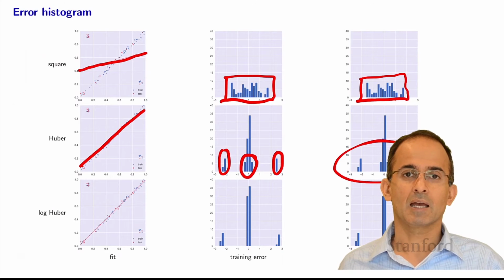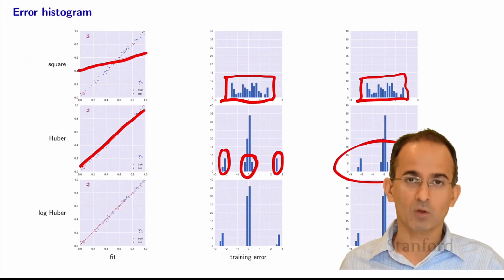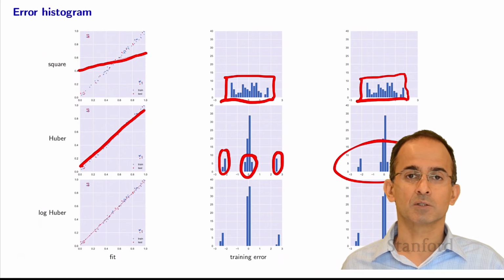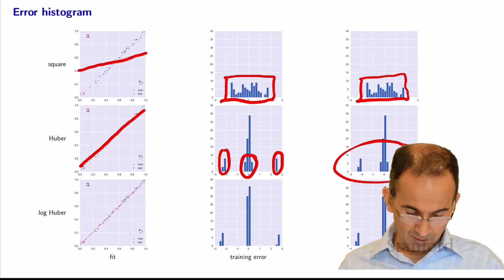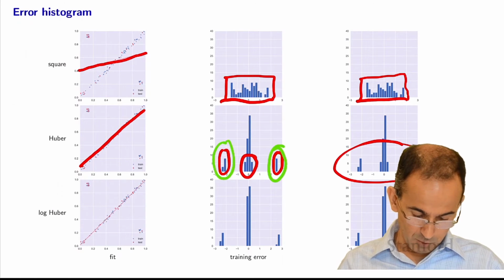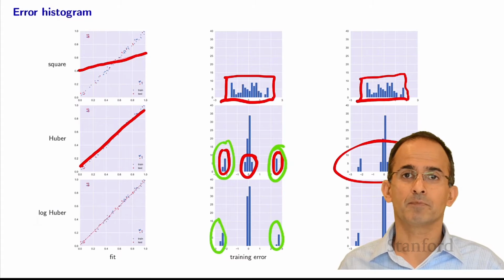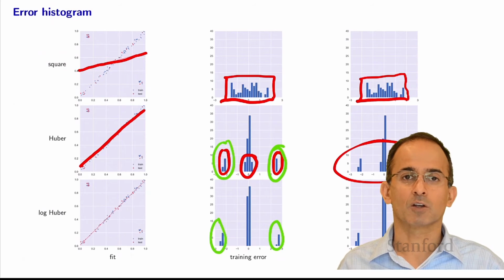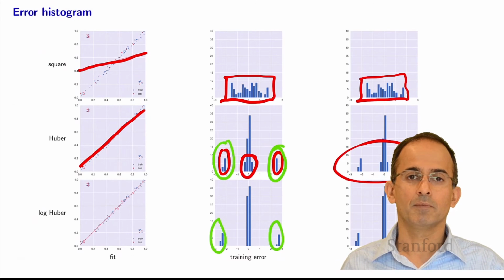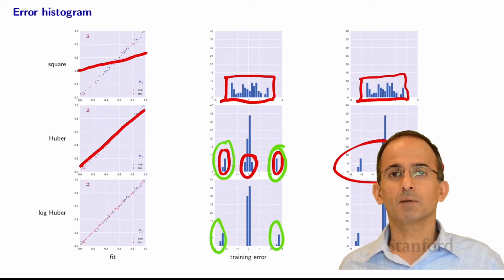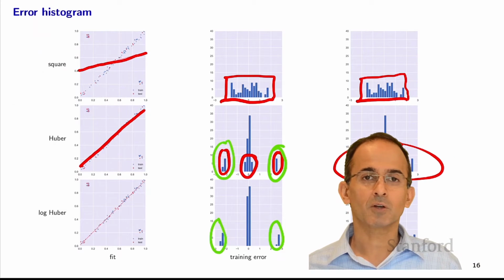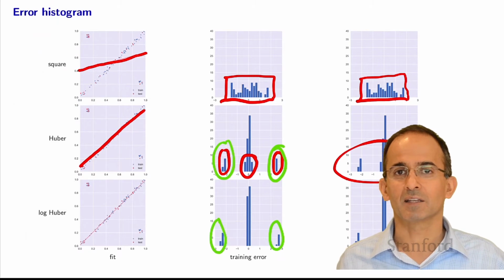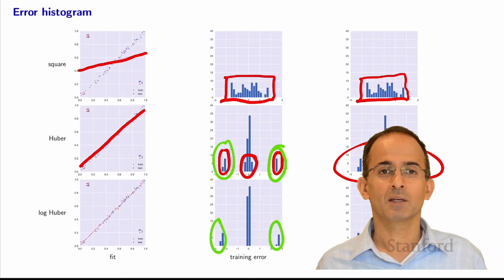So one could, from either the Huber or the log Huber, immediately identify the outliers. And we could simply say, these data points here, we're going to remove from our data set, and then we're going to fit again. And of course, when we fit again, having removed those data points, we could use any one of these loss functions, and it would be fine. It's also important to notice here that when you look at plots like the ones on the left, it's tempting to think, well, why do we need a machine like this in order to be able to identify outliers?